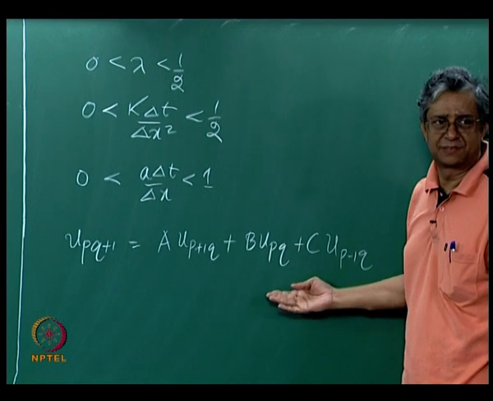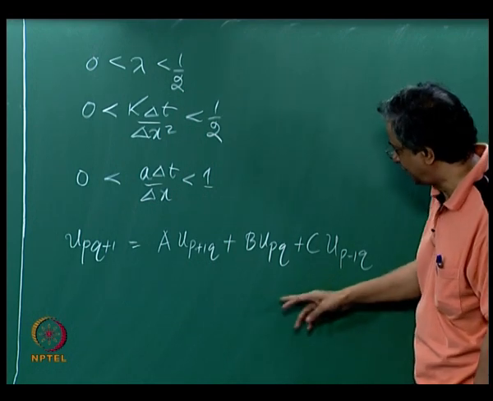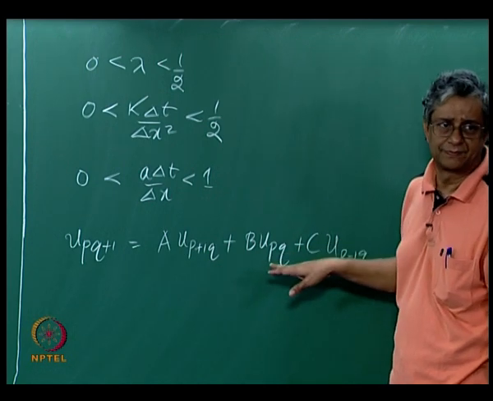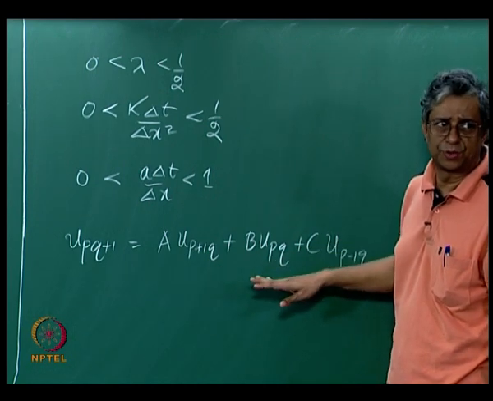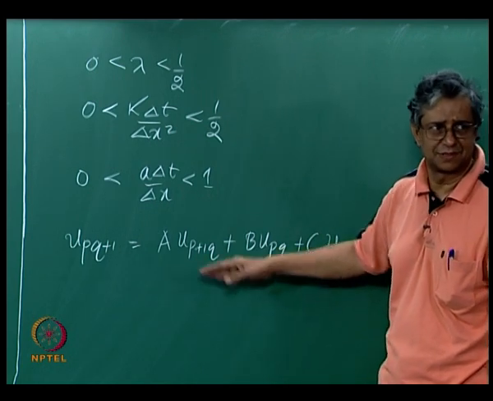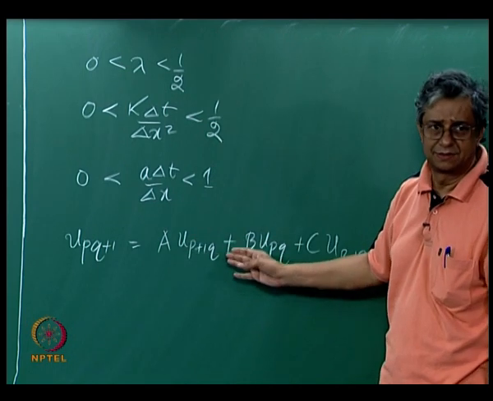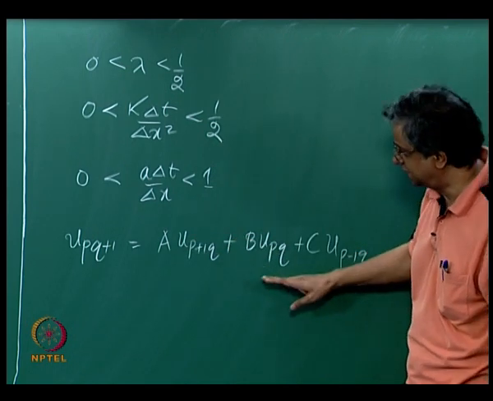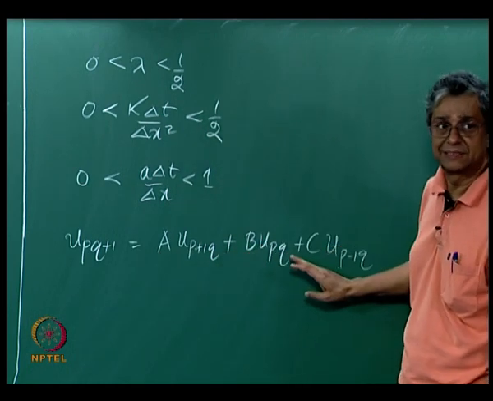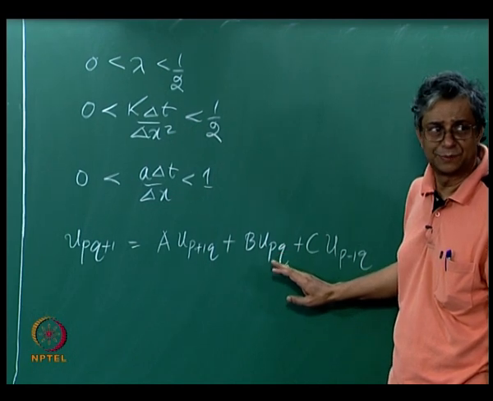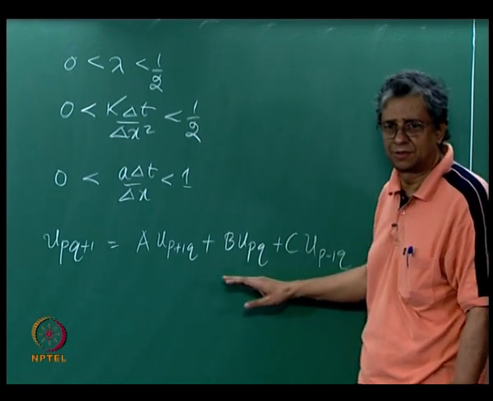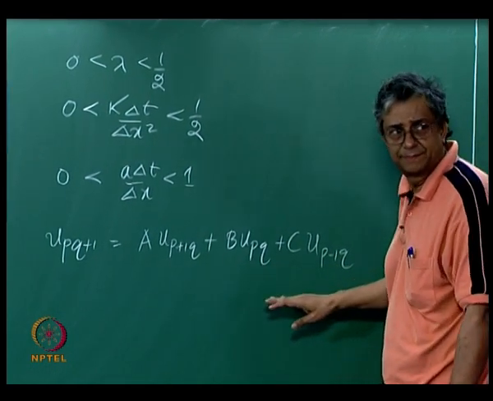In general, an explicit scheme involving the points p plus 1, p minus 1 would look something like this. Maybe what you can do is try out how you do the stability analysis for this. Just go through the same process, and you will see that you can come up with a stability condition in terms of A, B and C. You can make a general statement. You can try it out. If you have any difficulties, get back to me. Is that right?